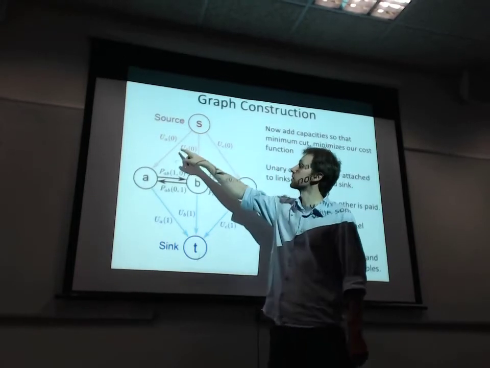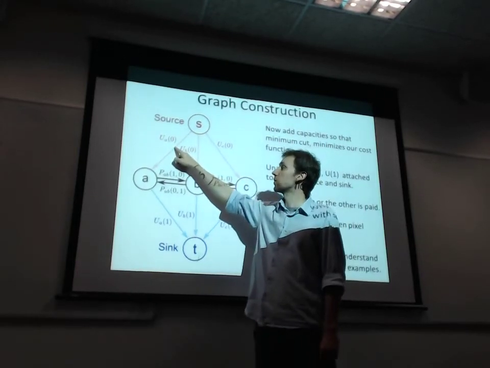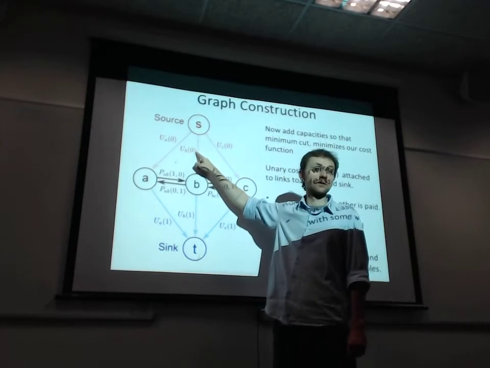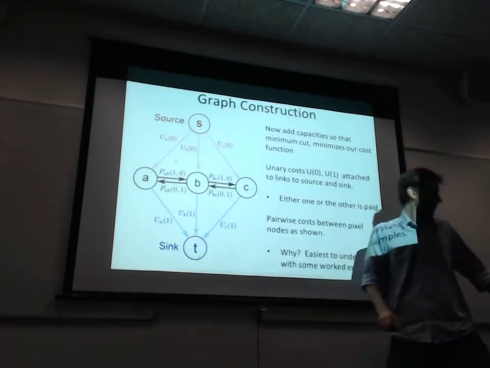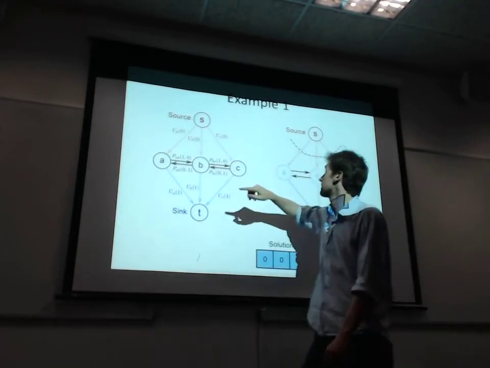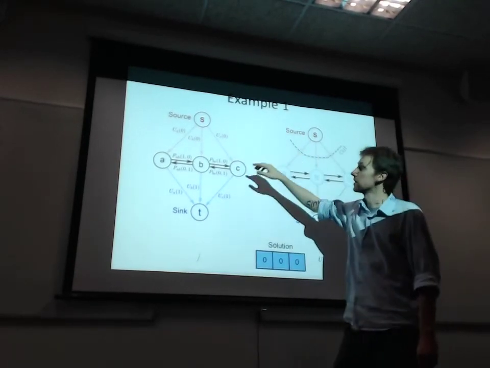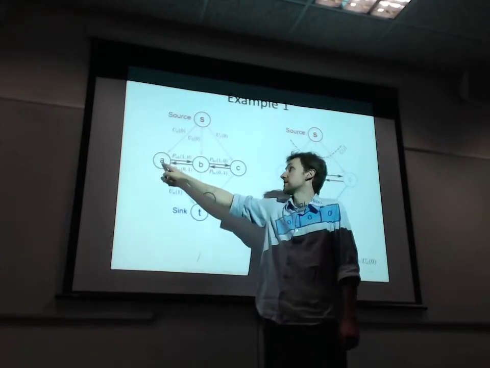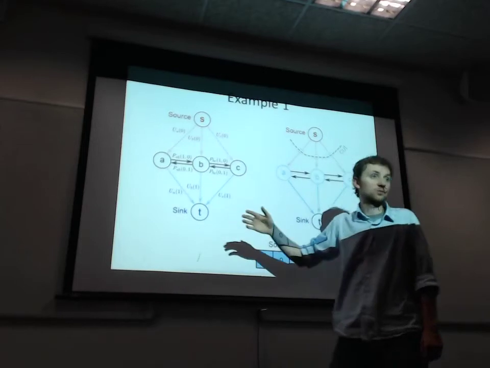And because we paid for A to be 0 and we paid for B to be 0 by going through here, we never had to cut either of these edges. Because that's 0 and that's 0, these pairwise terms don't apply.